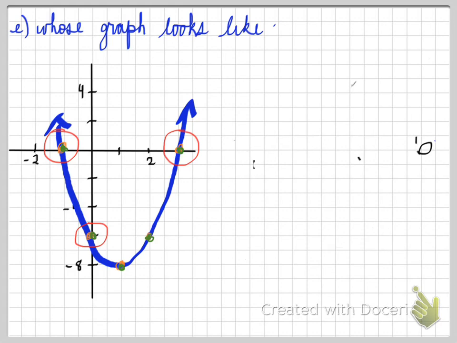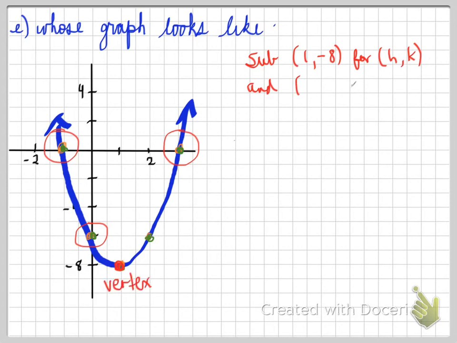So here we go. If we sub the vertex (1, -8) for h and k, and a point, which point are we going to use? Well, you can use any one of the zeros, or you can even use the y-intercept.